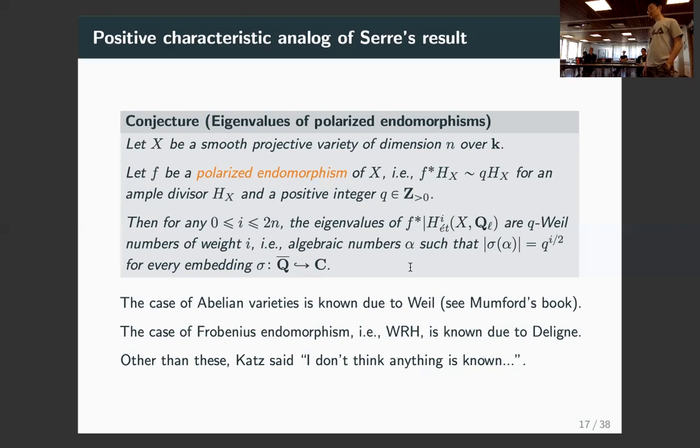The case of the Frobenius morphism is nothing but the Weil Riemann hypothesis, and it was proved by Deligne. But other than these two cases, Katz told me that he doesn't know anything. So this question is also very hard. And at the end of the talk, I will talk about a new case of this conjecture, the case of Kummer surfaces, using our method.